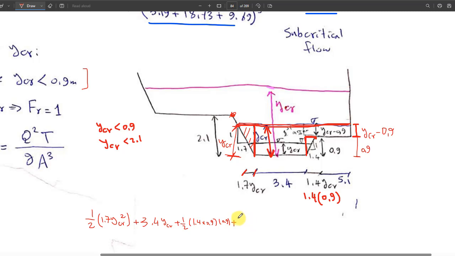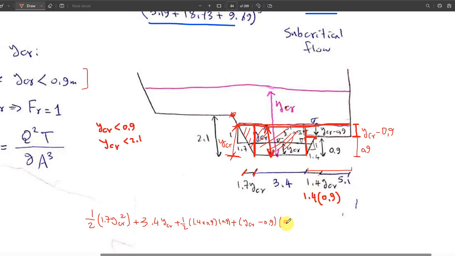Plus the other one, which is, what do we have? We took this rectangle, the whole rectangle, this one we took. The other one we have this rectangle. Y critical minus 0.9, which is the height of it, multiplied by 5.1 plus that distance. This is the whole distance.